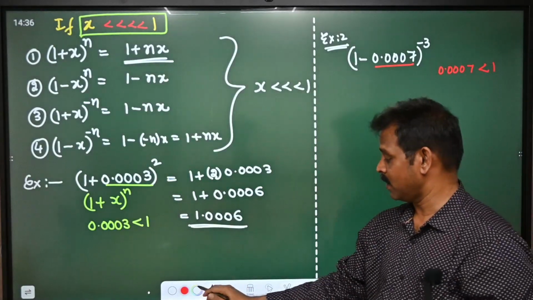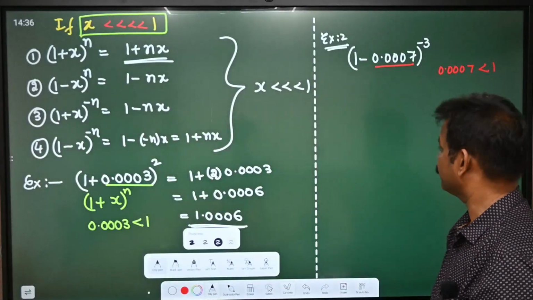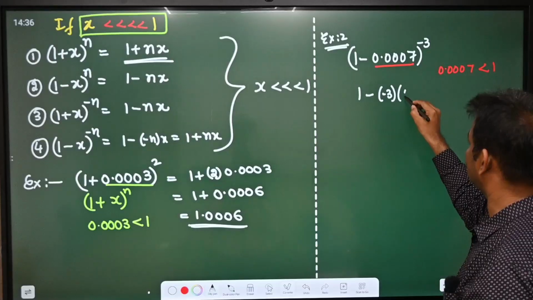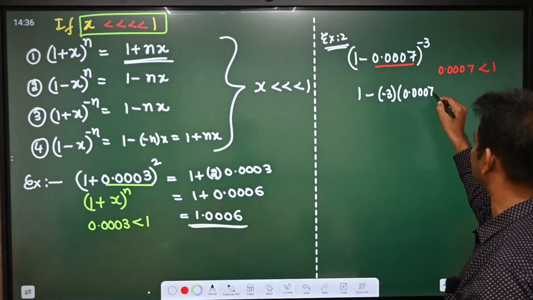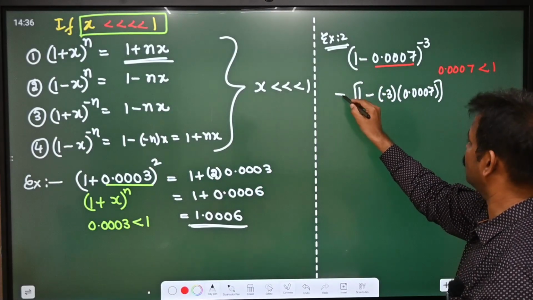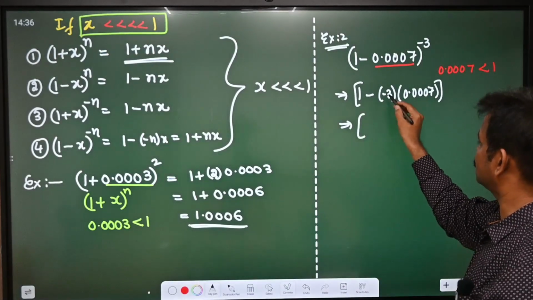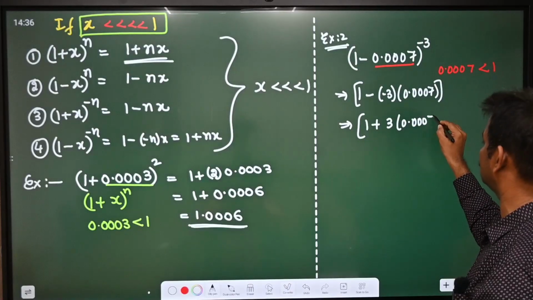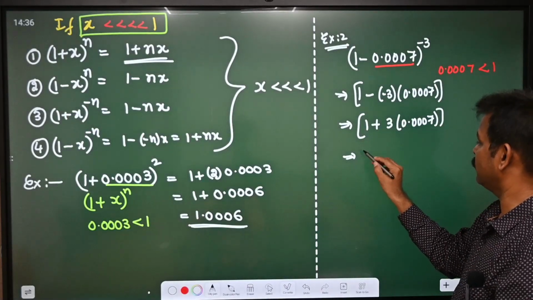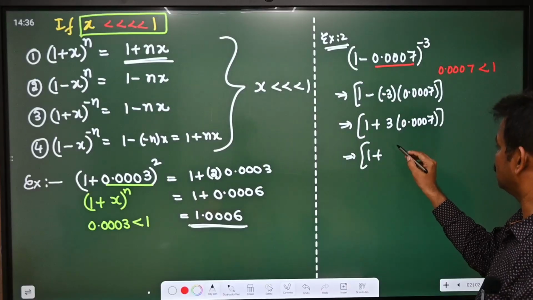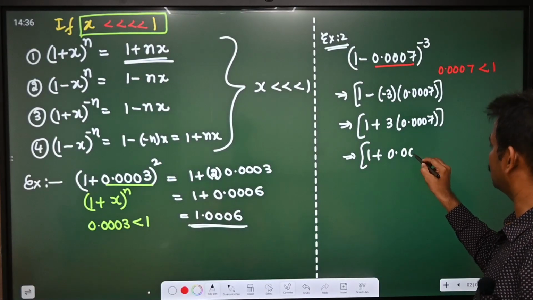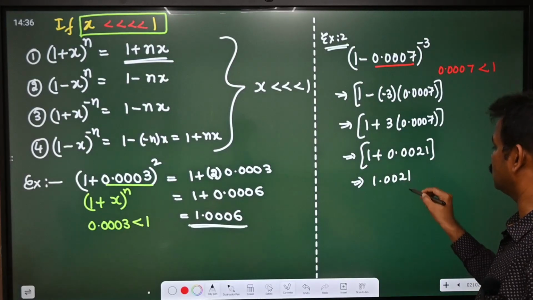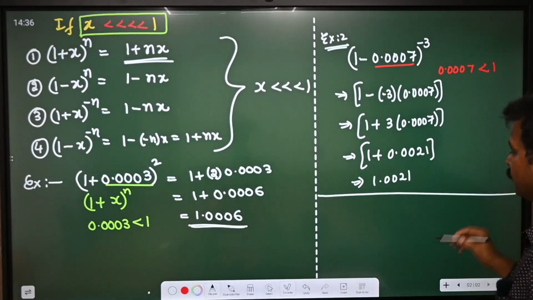So directly we can apply 1 plus (-3) into 0.0007. This is the value. From this, minus of minus is plus, 3 into 0.0007. From this we can write 1 plus 0.0021. The answer is 1.0021. So this is example 2.